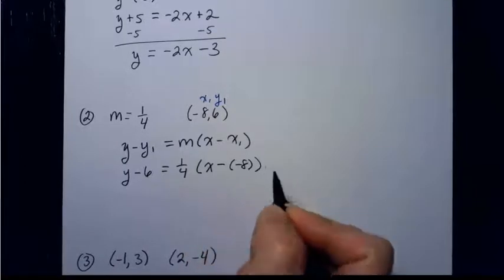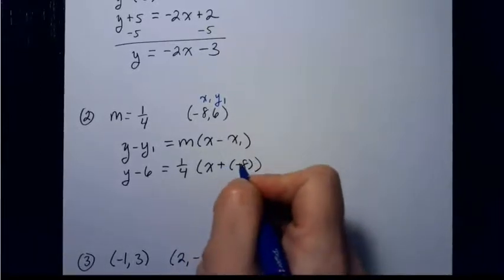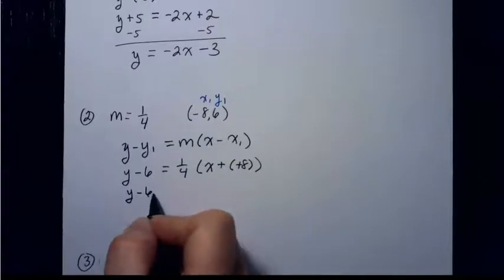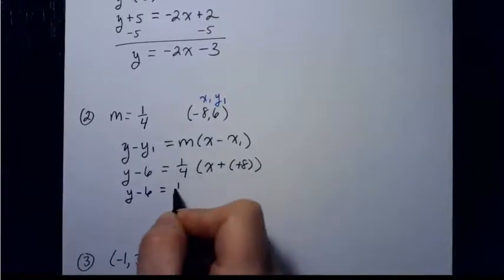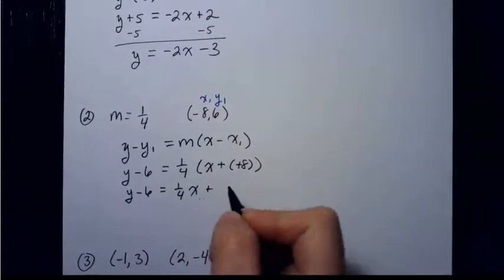Again, you might have some double negatives. Here I have a double negative inside the parentheses. I'm just going to take care of that double negative, making them both positive instead of rewriting, because I want to distribute as well. Y minus 6 equals 1/4 times x is 1/4 x. 1/4 times 8 is 2.